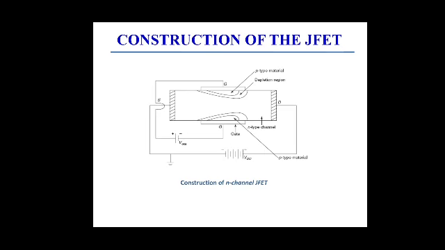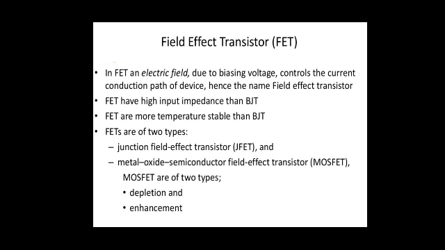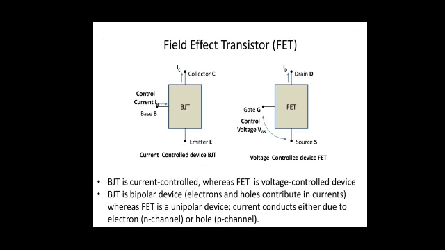In previous classes we discussed the BJT. Let us see the difference between a BJT and a field effect transistor, and also the construction and characteristics of a field effect transistor. A BJT is a current controlled device.